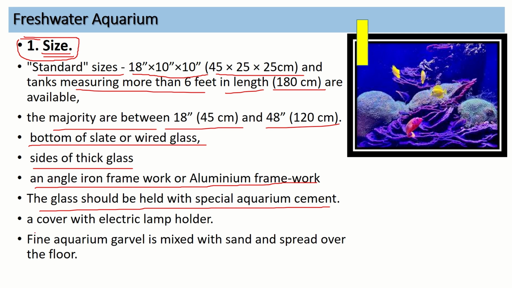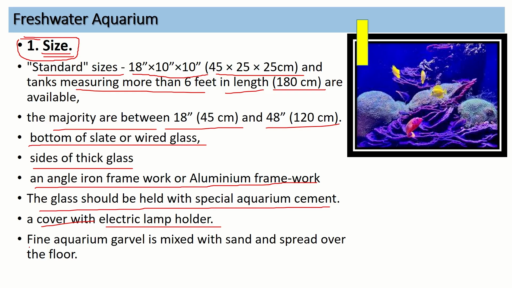An aquarium, either homemade or commercially produced, should always be provided with a cover in which there should be a hole for fitting an electric lamp holder. An ordinary bulb of about 60 watt is enough for an aquarium. Sometimes electric tubes are also used.